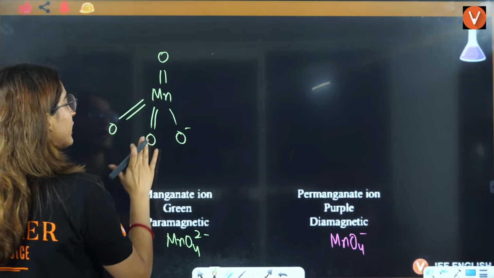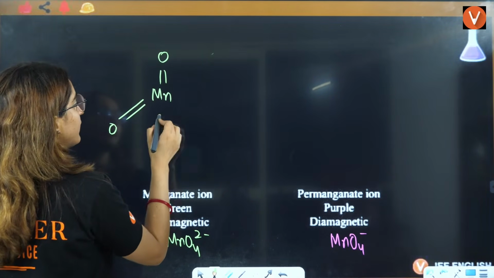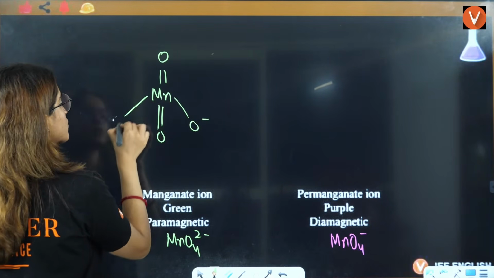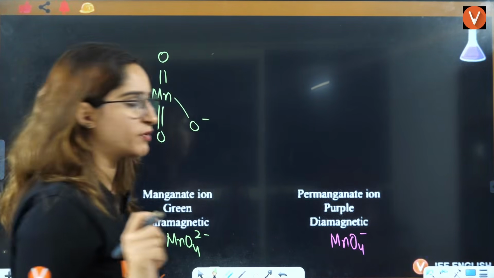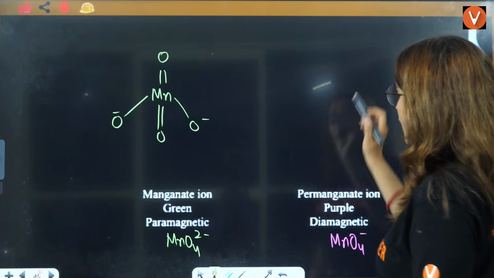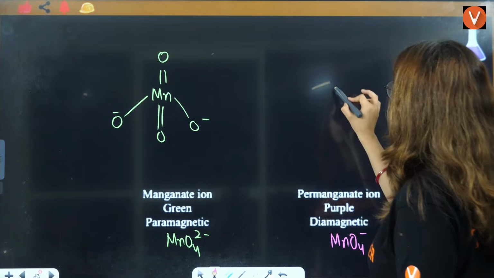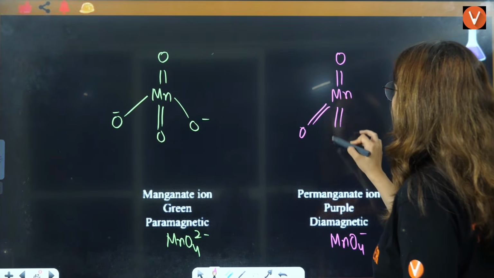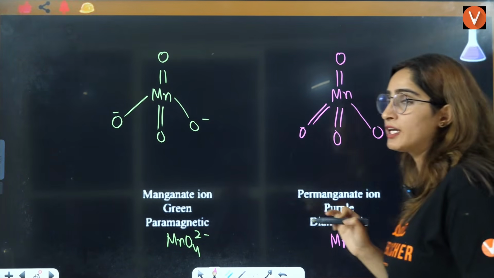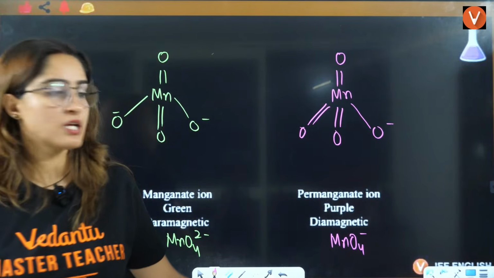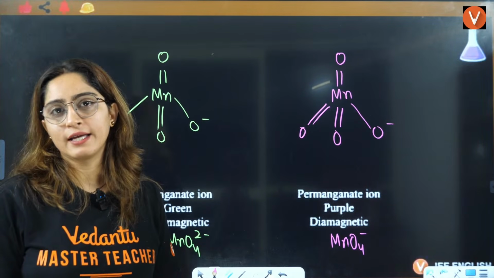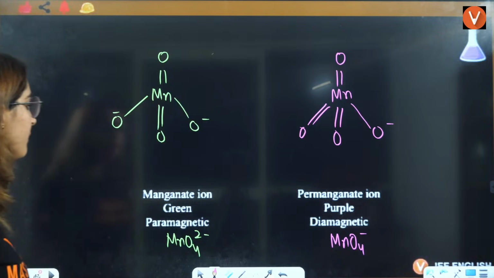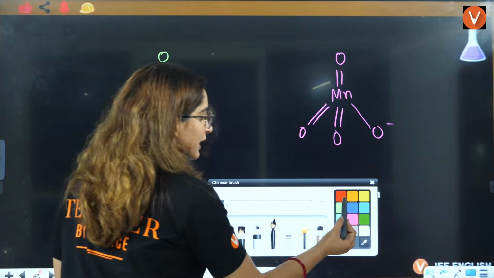This is O negative, this is O negative, a tetrahedral shape. Now here you have a pink color. This is Mn, with double bond O, double bond O, double bond O, and one O negative. That is your permanganate ion, purple in color; manganate is dark green in color, right? Both of them are tetrahedral in shape.